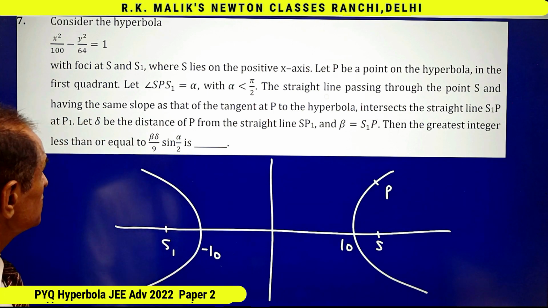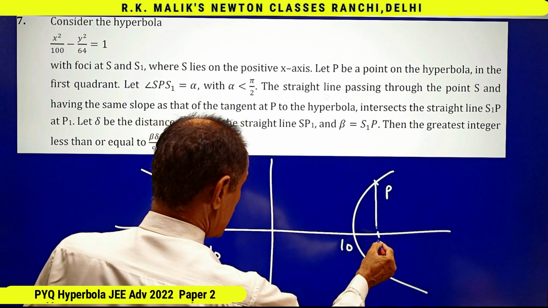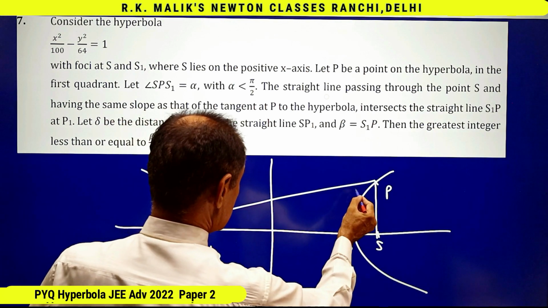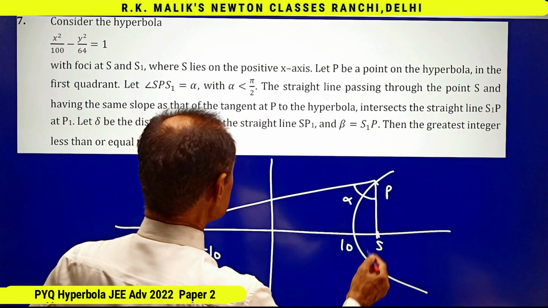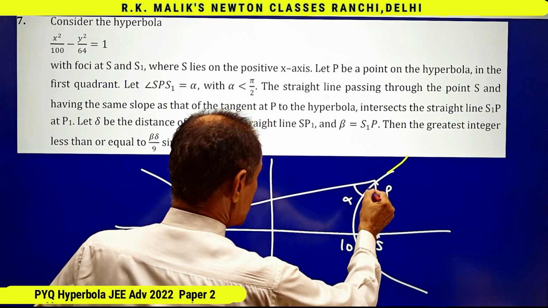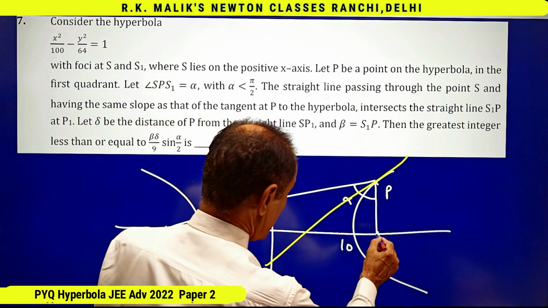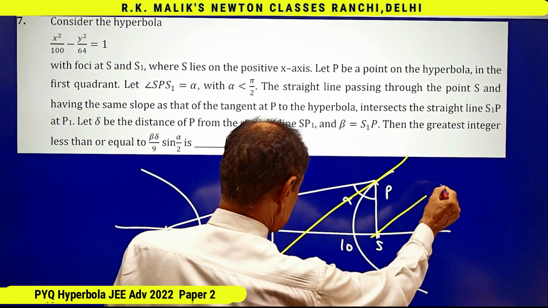S1 is the second focus. The angle SPS1 is alpha. After that, we draw a tangent at the point P. Then a line is drawn through the point S, which is parallel to the tangent.